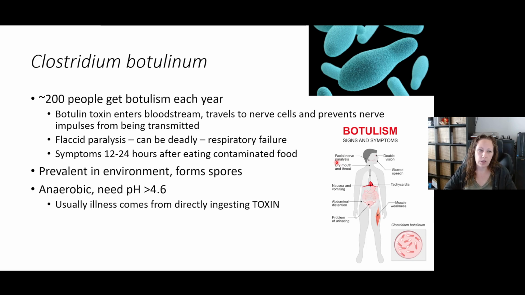And like I said, usually the illness comes from directly ingesting the toxin. So we'll talk about the situations in which you're susceptible to this in a minute. But first we'll talk about the exception to this rule, that you get sick from ingesting the toxin.